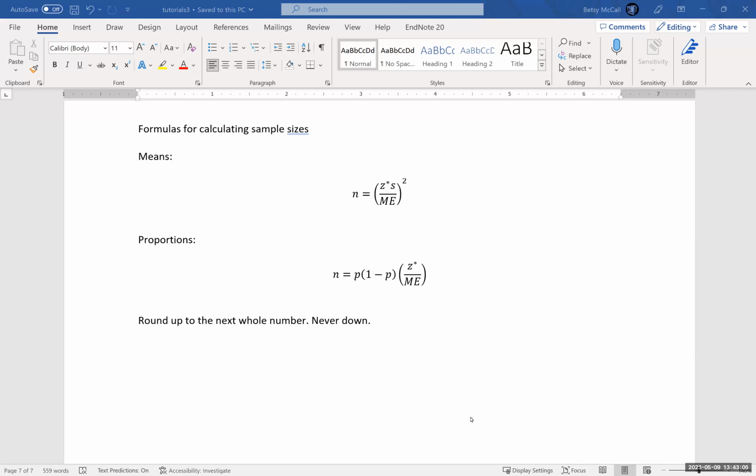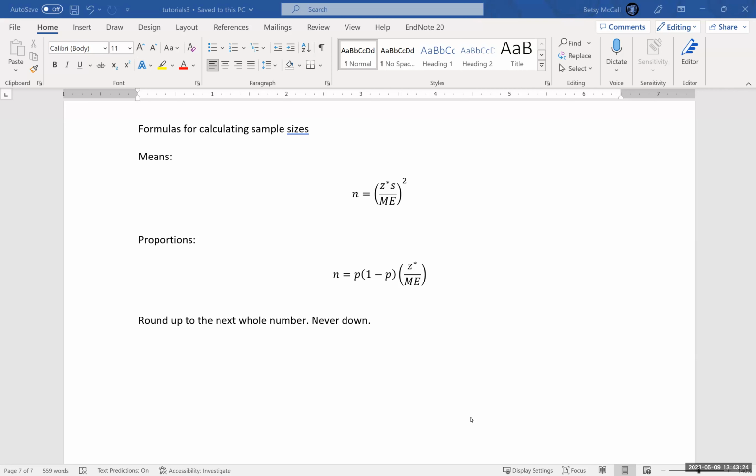Sometimes the information we use in these is based on previous small studies to get estimates, and then we scale up. But sometimes we have things that we think are true, and we use those in our estimates.